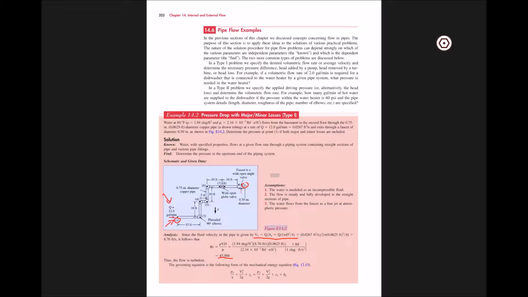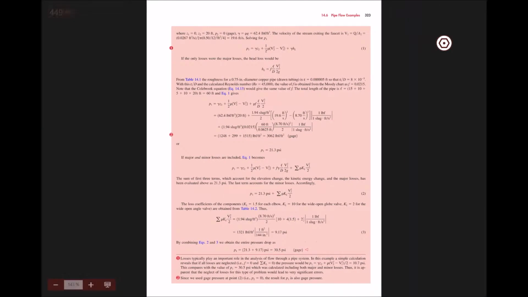So now let's apply the Bernoulli, the mechanical energy equation, between point 1 and point 2. Of course, there are no turbine or pump, so we're not considering them. We just have the losses, Z due to losses.